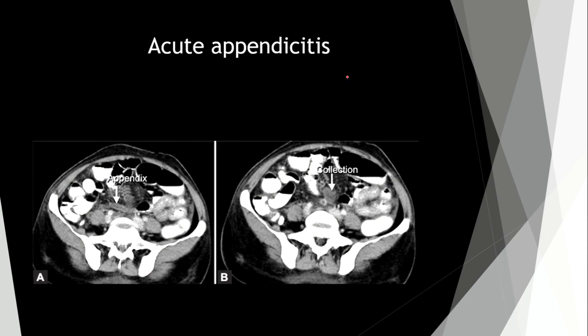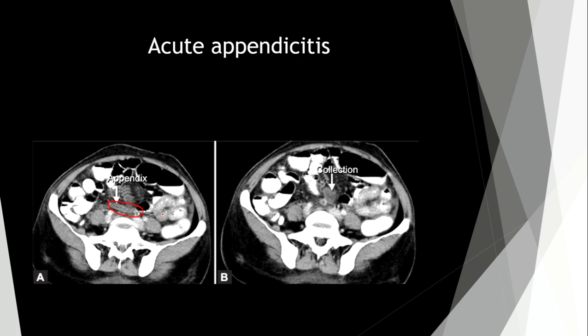And acute appendicitis. Here we see the appendicitis. The appendix connects to the cecum. The cecum is covered by the peritoneum and placed mesoperitoneally. It means that on only 3 sides of this bowel it has peritoneum.